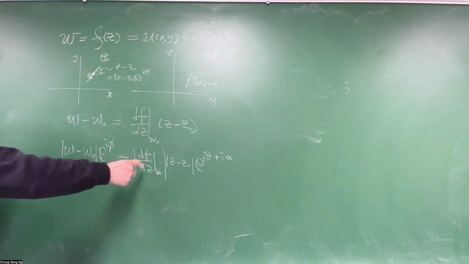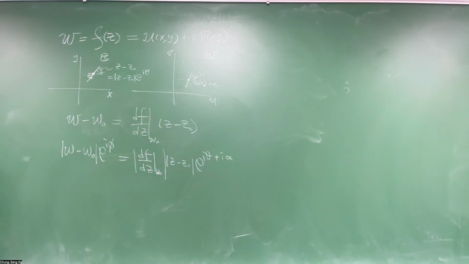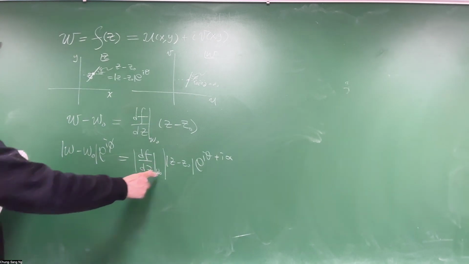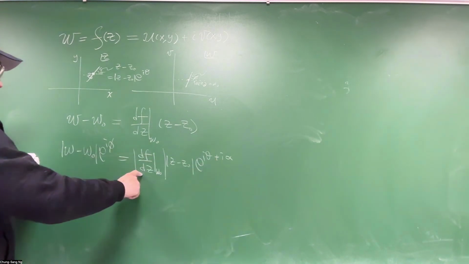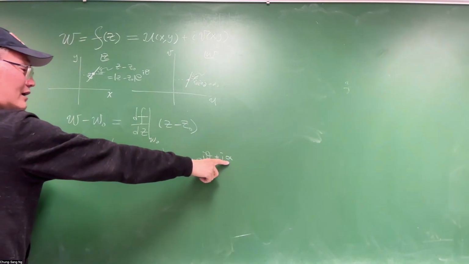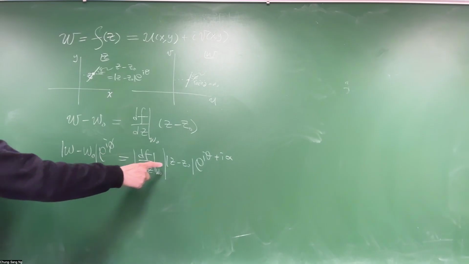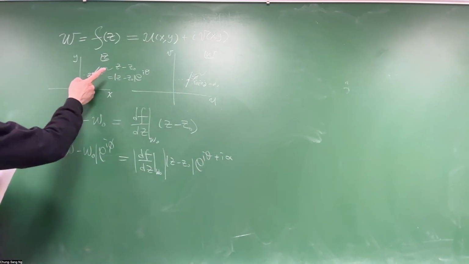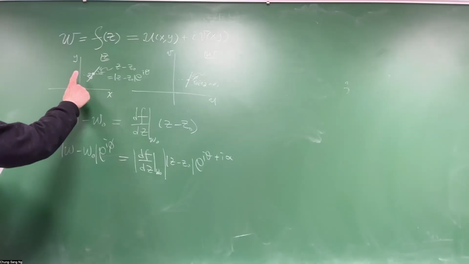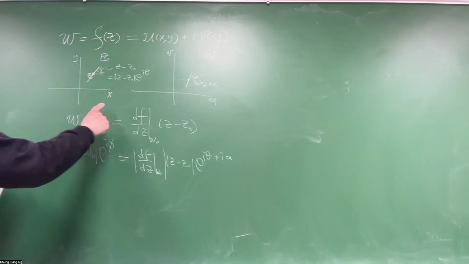Whether it's stretching it or shortening this length. But another effect is this alpha. This alpha is the phase angle of the derivative. So basically, this line is rotated by alpha.